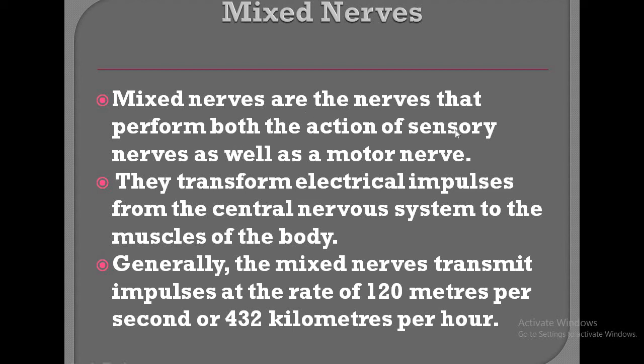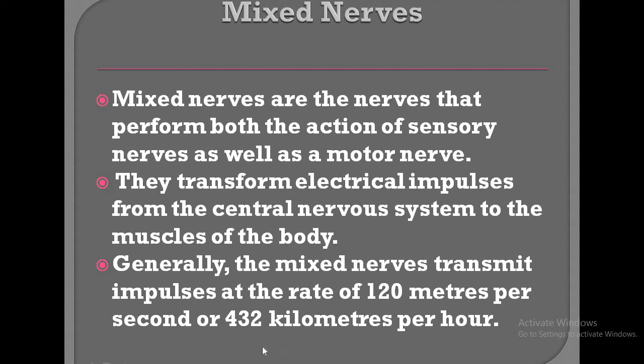Then the mixed nerves. Mixed nerves are the nerves which perform both the action of sensory as well as motor. As the term suggests, mixed, it will perform the sensory function as well as the motor function, and they transmit the electrical impulse from the central nervous system to the muscles of the body.